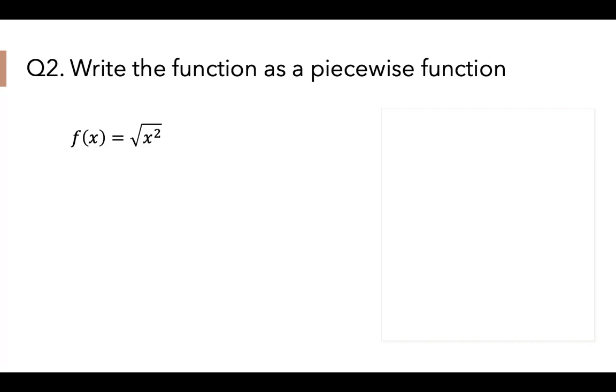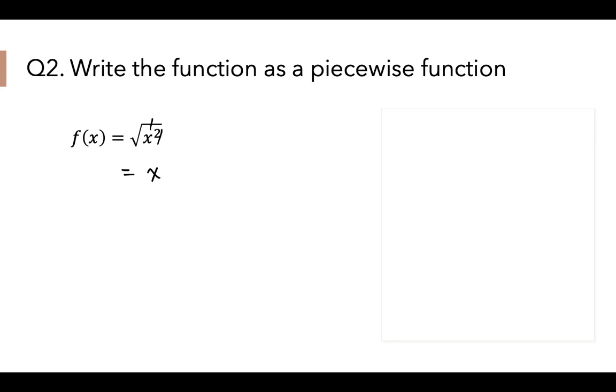Next, write the function as a piecewise function. You may think that the square root and the square cancel out, but you have to be careful about negatives. If I were to simplify this, the square and square root cancel and it's x. But keep in mind, what if I have a negative?